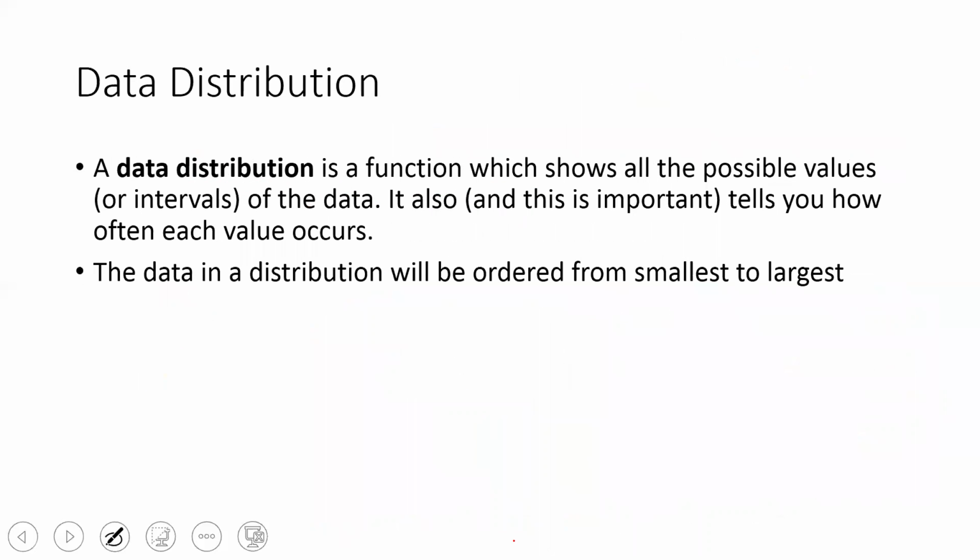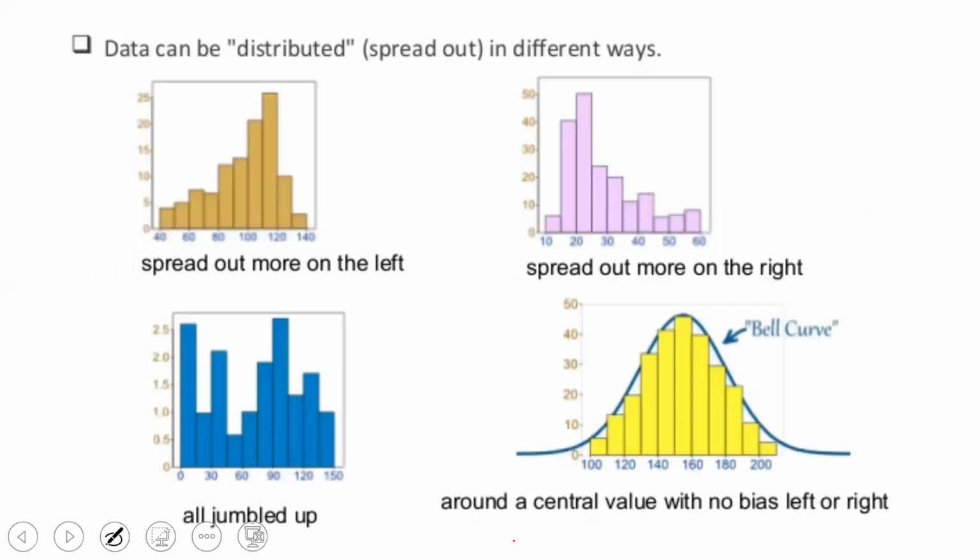Now let's see what is a data distribution. A data distribution is a function which shows all possible values of data. It also tells you how often each value occurs. This is nothing but the frequency distribution, the frequency plot that we saw earlier.